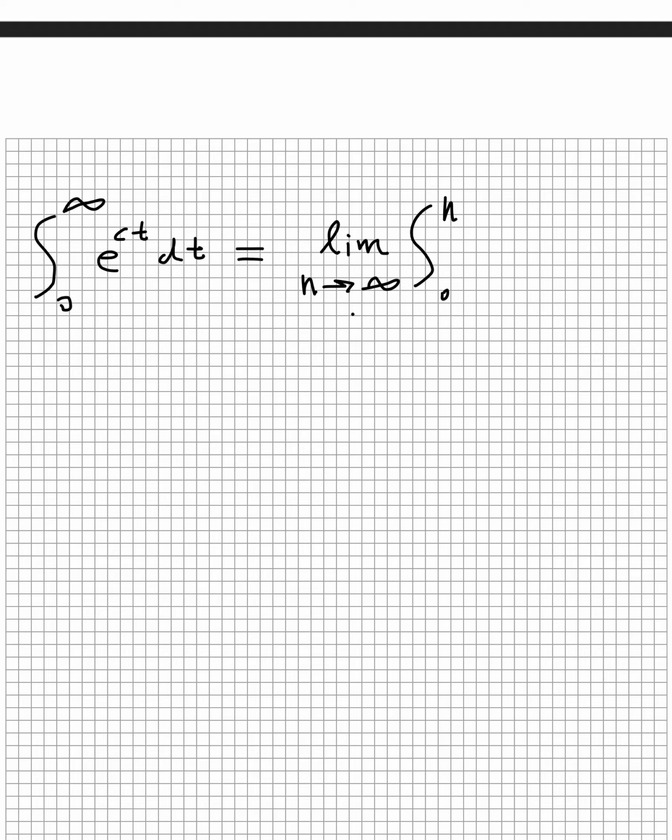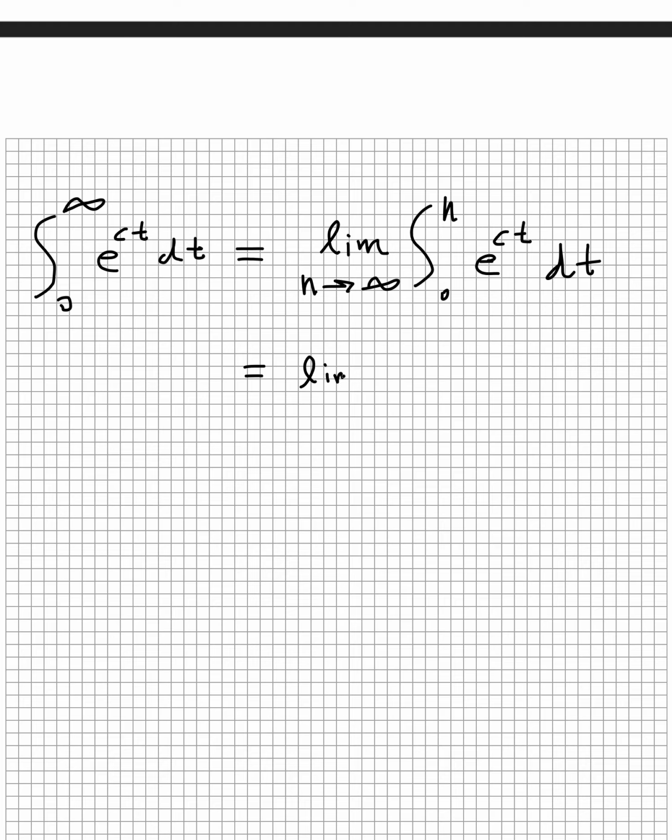You can see what happened here: we converted the integral into a limit, and it's still e to the c times t dt. That's all there is to it. That's how you rewrite any improper integral. Now to do the integral, we have to evaluate that limit.